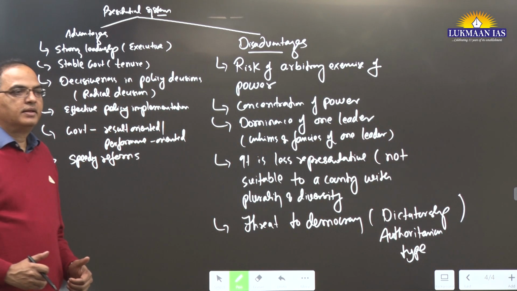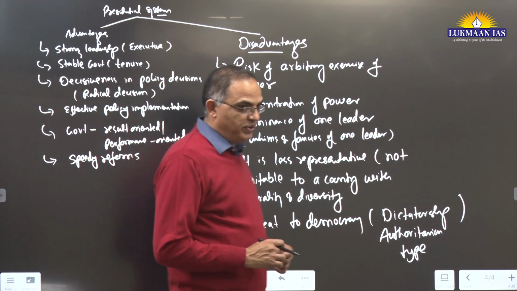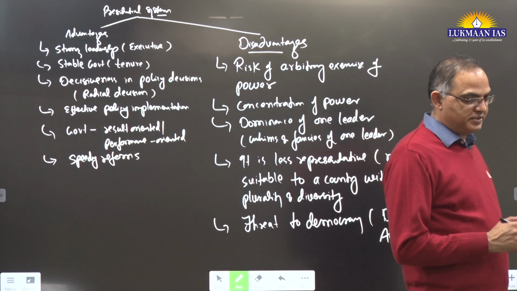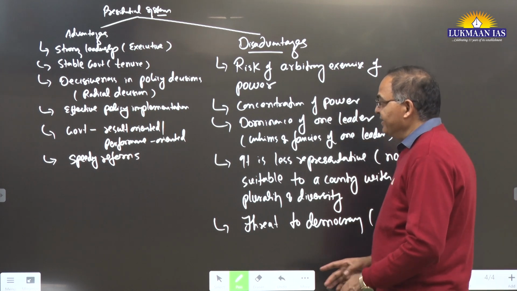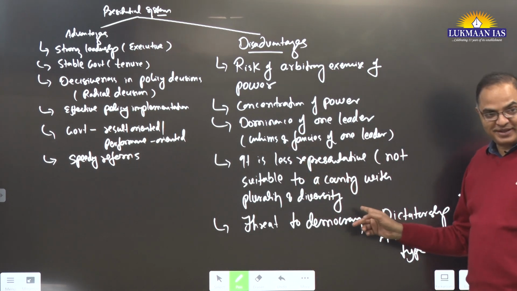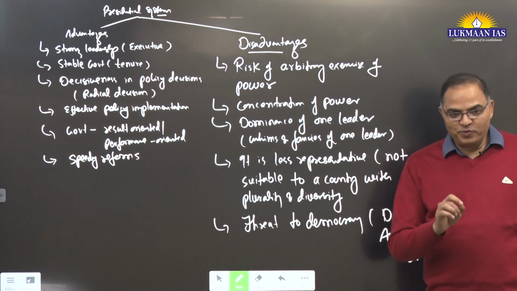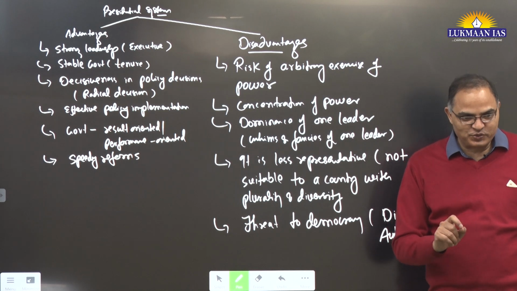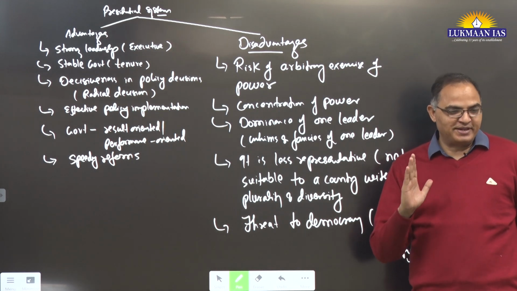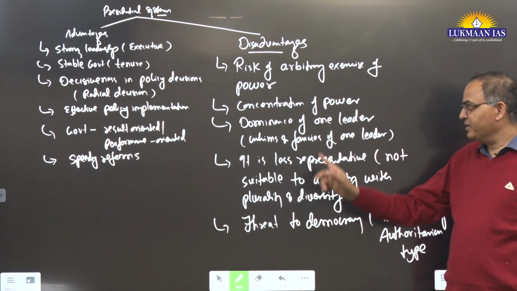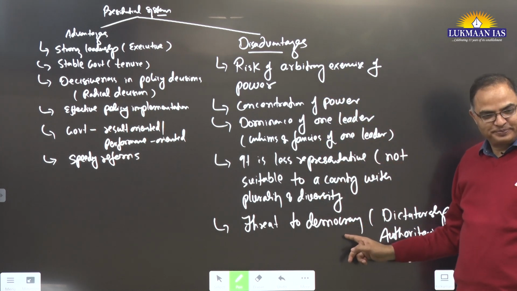Now we have to learn after the parliamentary form, when we talk about it, whether it has become like this, how the presidential form of government has worked. There was already a threat that if you have a presidential form of government, it is going to be like this.